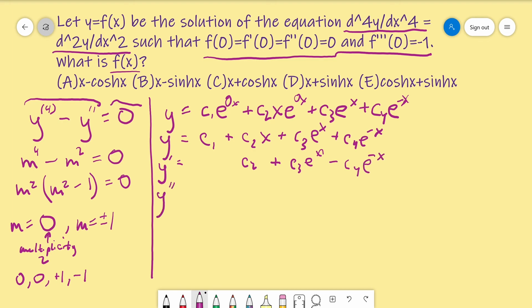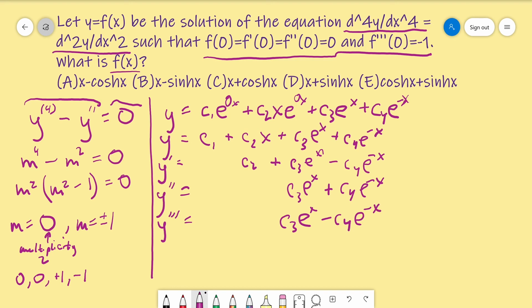Let's take the second derivative. c2 is going to drop out, and we're going to get c3 e to the x, and then minus and minus is going to give us a plus c4 e to the minus x. And the third derivative is going to be c3 e to the x minus c4 e to the minus x.